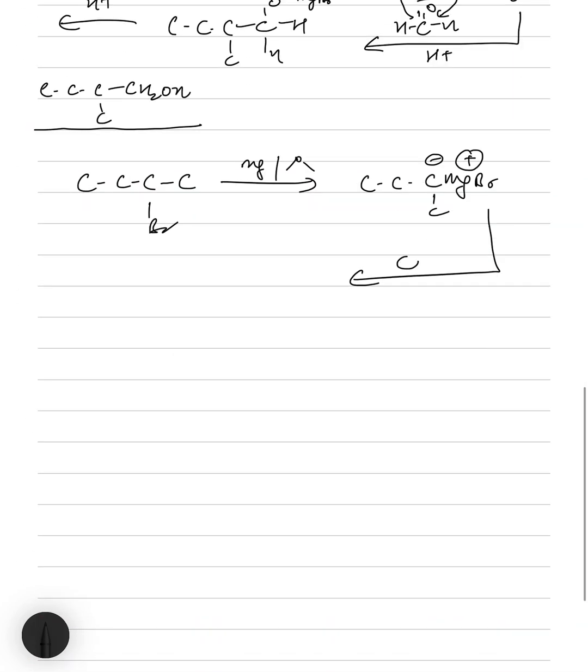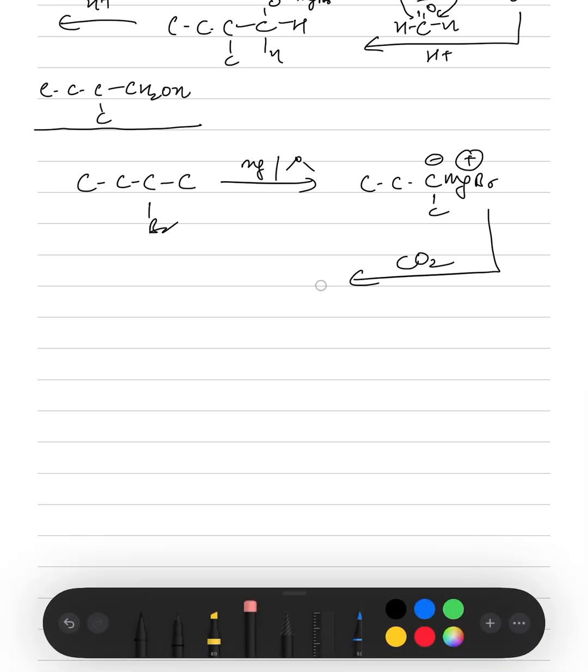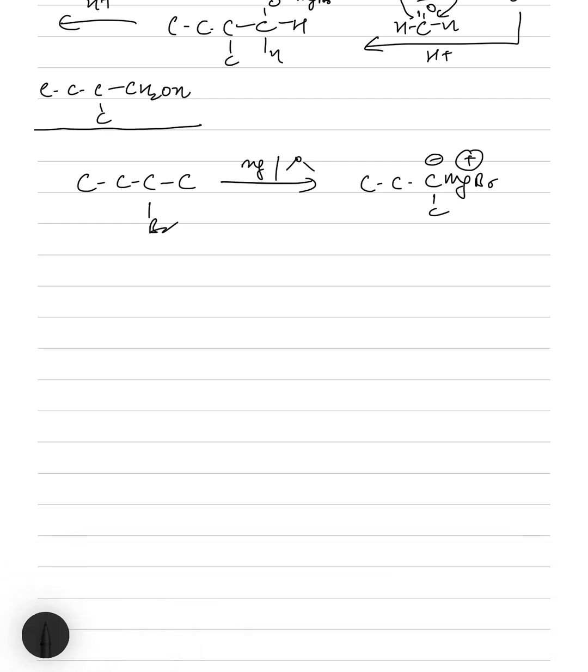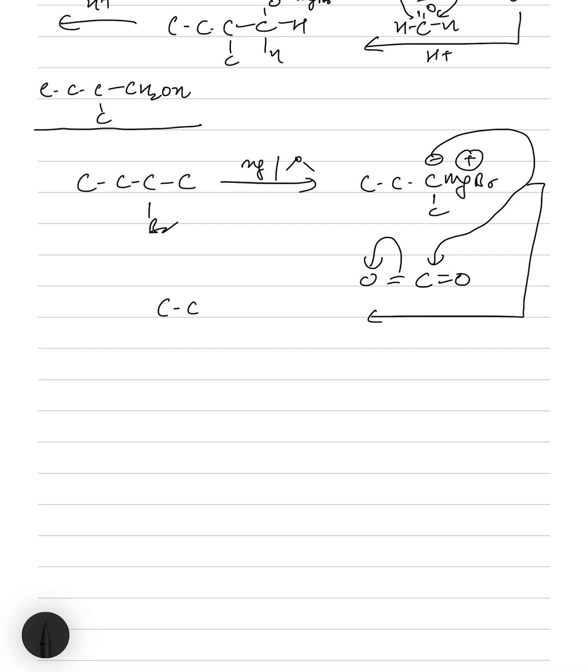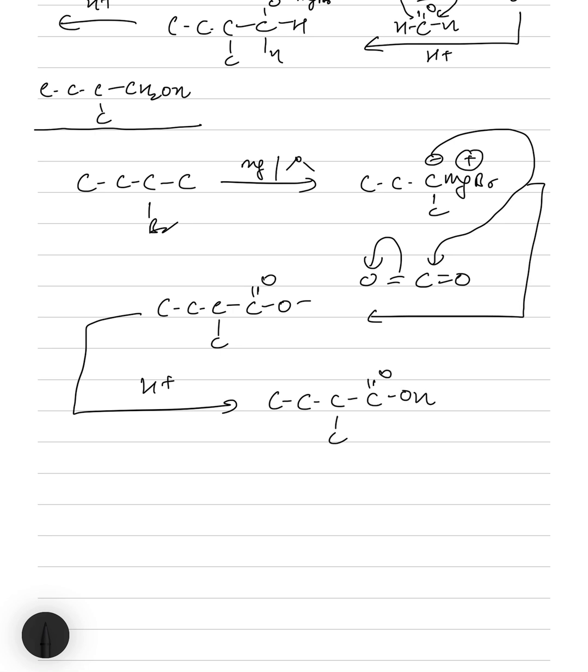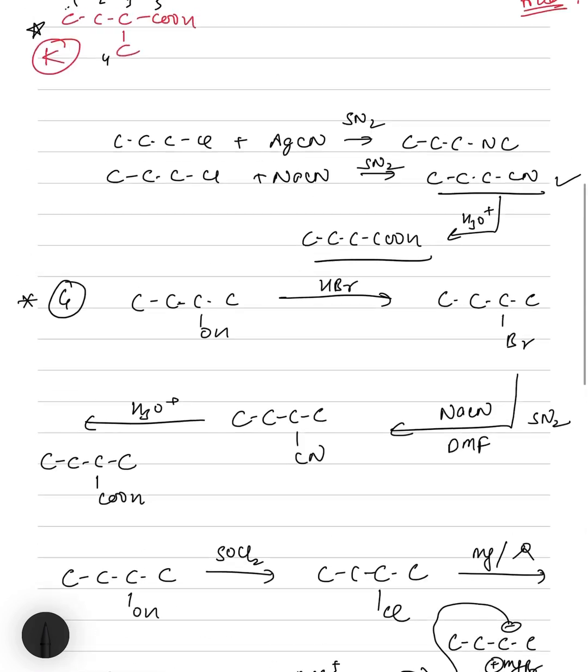CO2 is an electrophilic compound, and the Grignard reagent can act as a nucleophile when there is no acidic hydrogen. So the negative charge will attack carbon, making the electron pair shift to oxygen. It will form this molecule, and in the presence of acid H+, it will form the acid which is required for the reaction from K to L, right?